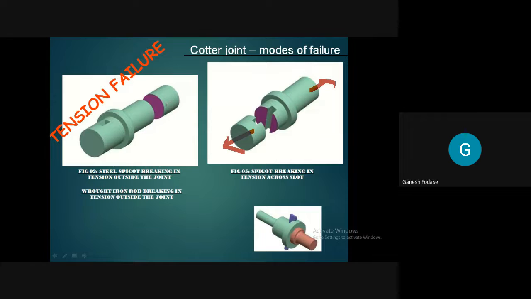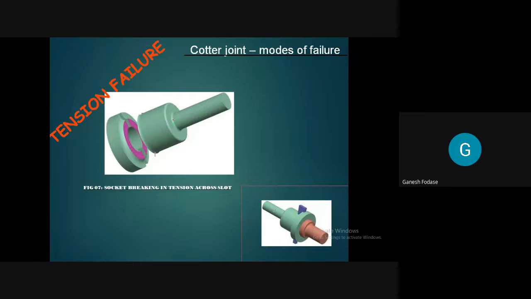There is separation at this point, so it will break at this point. Of course, it is a circular cross section, which will be like this. So this is tensile failure only. The spigot will fail at the slot portion due to tension.